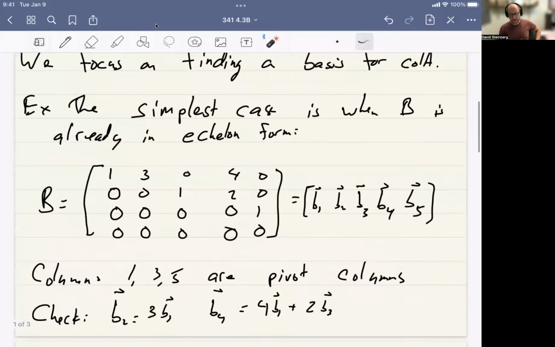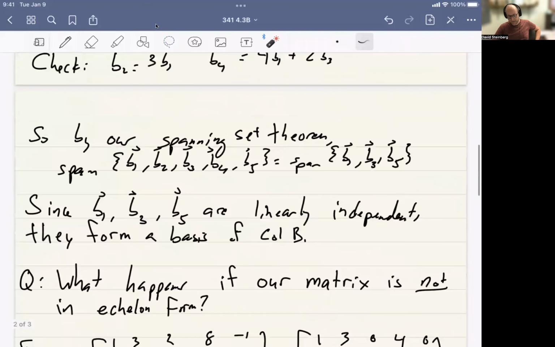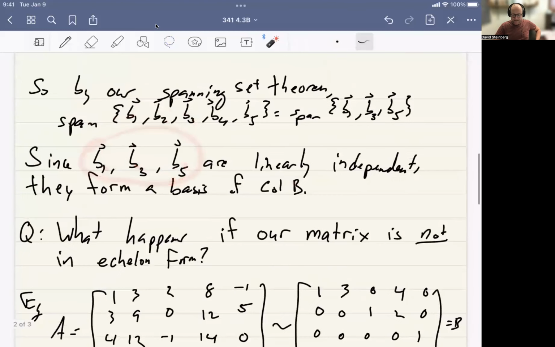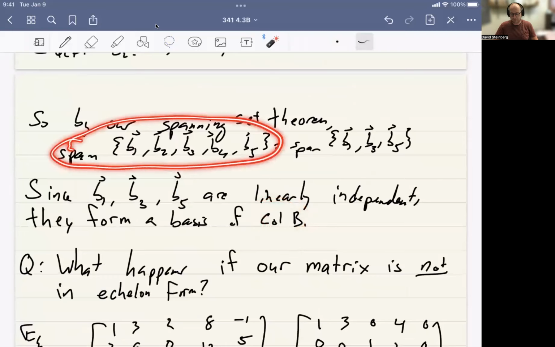And then if you look at B1, B3, and B5 really carefully, these are some of the columns of the identity matrix. And so we know they're linearly independent. And so we get automatically that B1, B3, B5 are linearly independent, and they have to span all of the column space, because the column space is just the span of these 5 columns, and we just saw that it's equal to the span of B1, B3, B5.